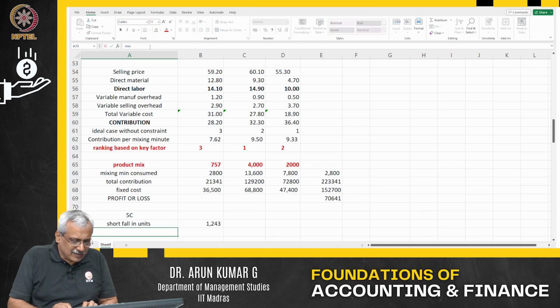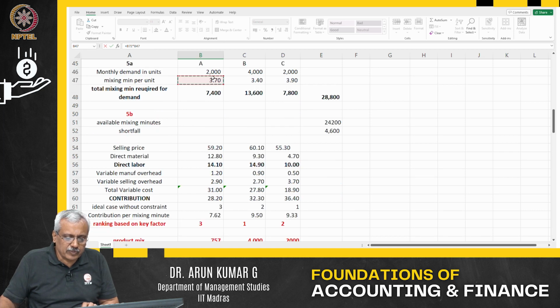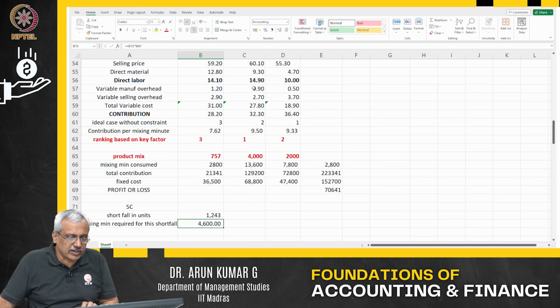What are the mixing minutes required for the shortfall? For the shortfall, with the number of mixing minutes per unit, you can say that 4600 mixing minutes are required.